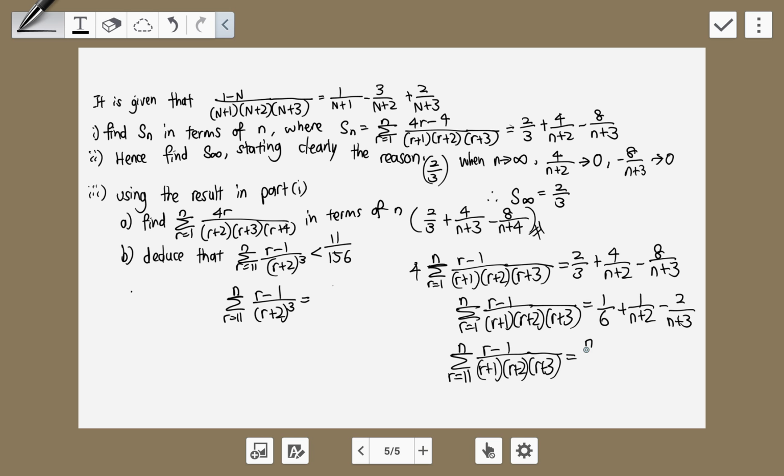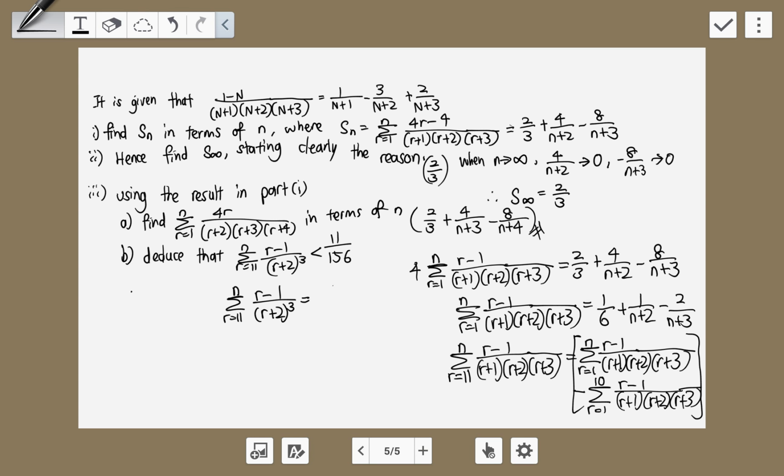I'm including 10 more terms in front. This term has 10 more terms than this, so they are not equal. I have to minus away the first 10 terms, which is r equals to 1 to 10, r minus 1 over r plus 1, r plus 2, and r plus 3. So this way, this part is equals to this part, okay?